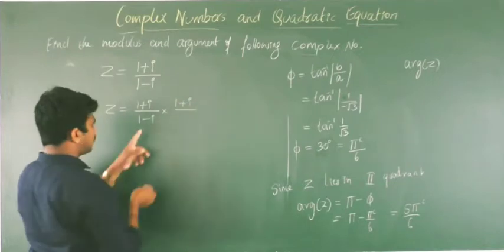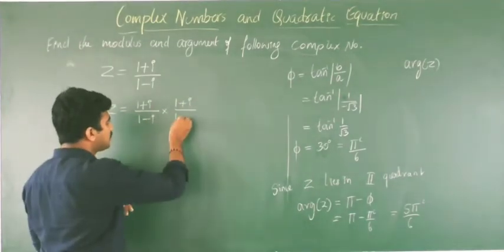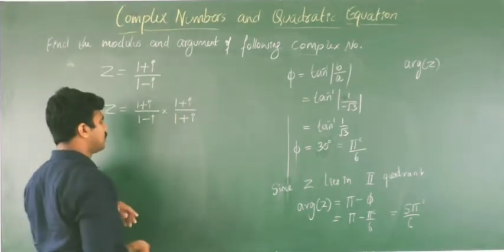What is the denominator? 1 minus I. Its conjugate is 1 plus I. So multiply and divide by 1 plus I. If you do, what you get?